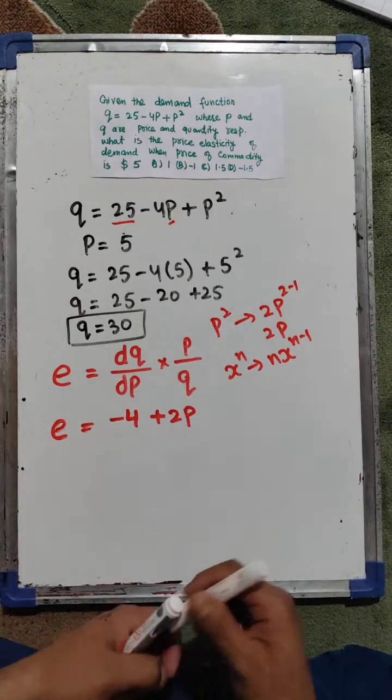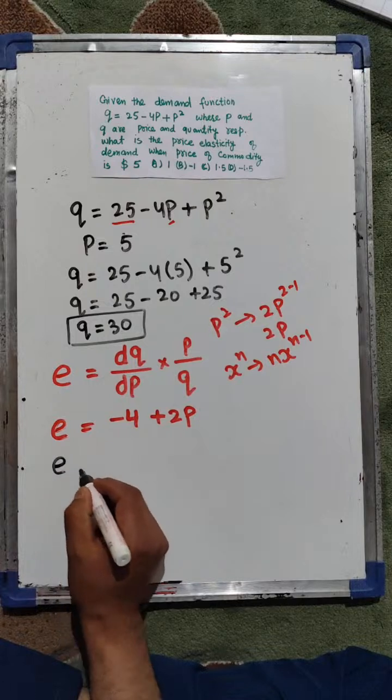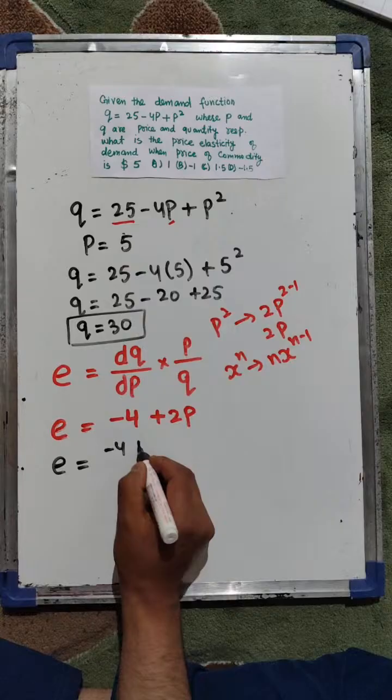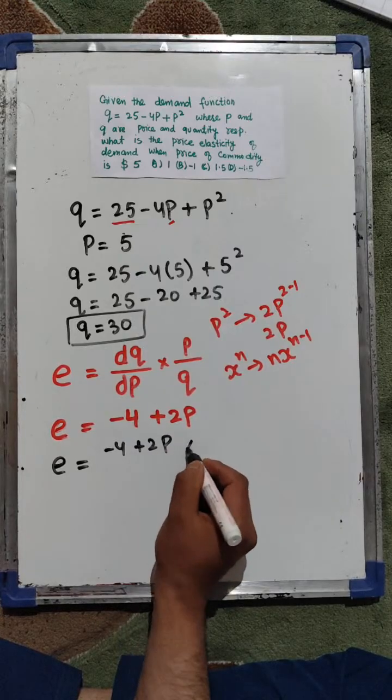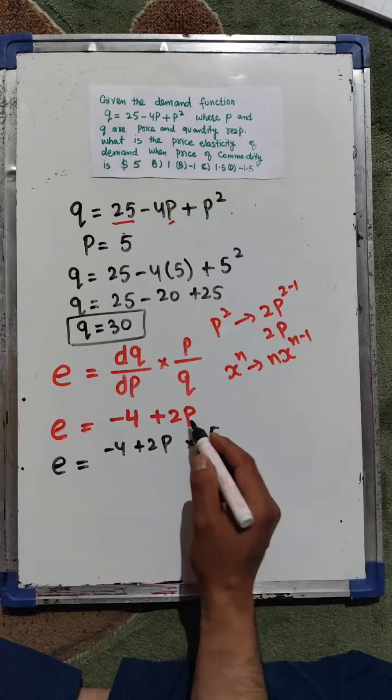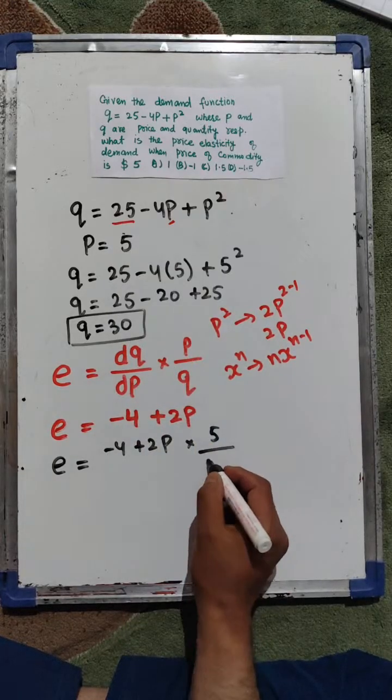No rocket science. Now elasticity of demand will be equal to dq upon dp, which is minus 4 plus 2p, into price, which is being given to us as 5, and quantity demanded at that very price we calculated as 30.